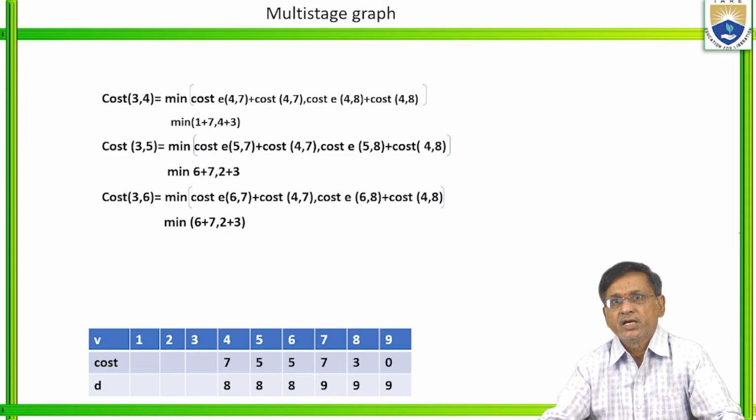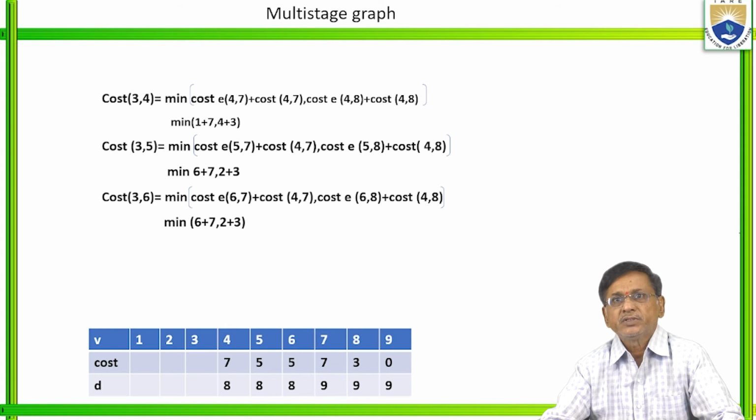Substitute these values here. So, cost of an edge 5 to 7 is equal to 6 and cost of vertex 7 is equal to 7, and cost of an edge 5 to 8 is 2 and cost of vertex 8 is equal to 3.